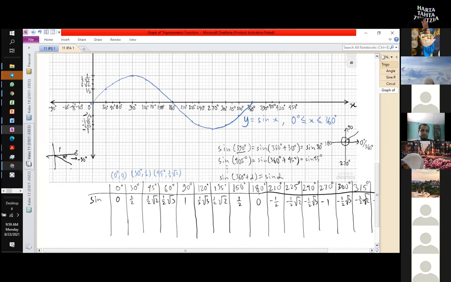Yeah, in this case for sine, because sine is negative on the fourth quadrant, sine of negative 30 degrees is equal to negative of sine of 30 degrees, yeah, and so on. And in general, sine of negative of something is equal to negative sine of that angle, yeah.